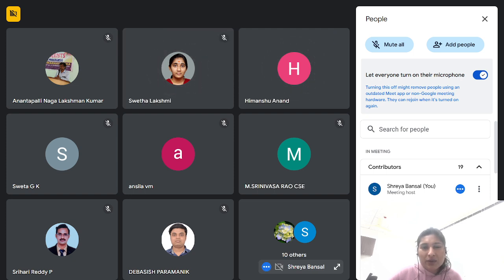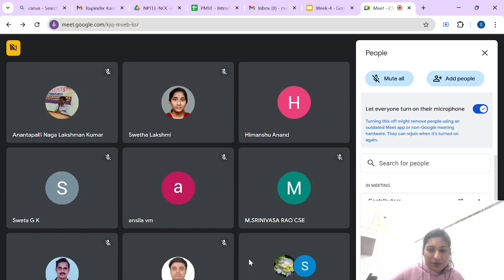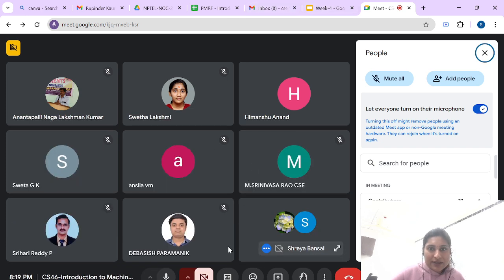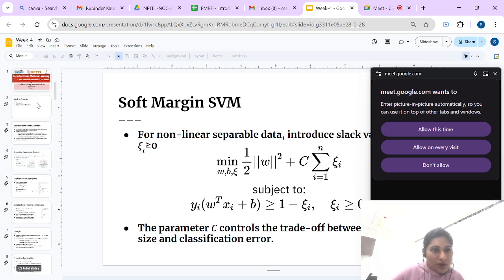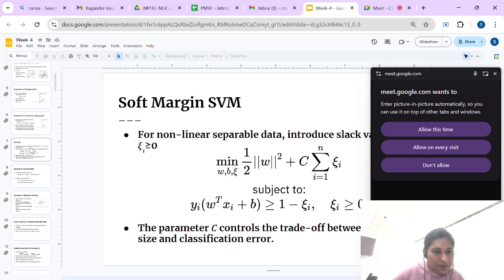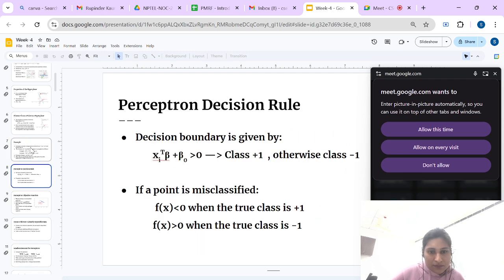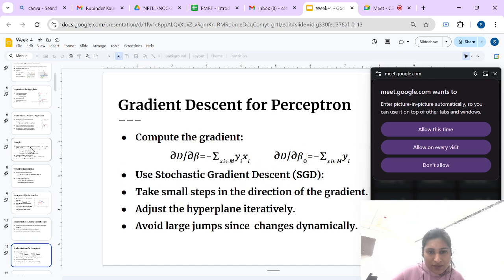L1, L2, where was it actually? Wait a minute, let me go through my slides. Perceptron, what is L1 and L2? Have I written somewhere L1 and L2?